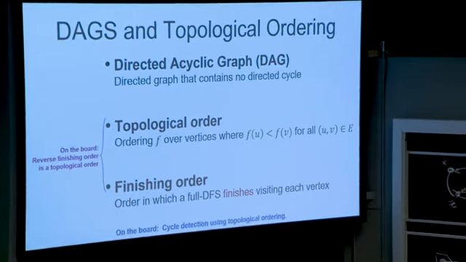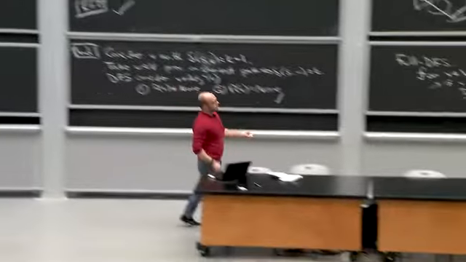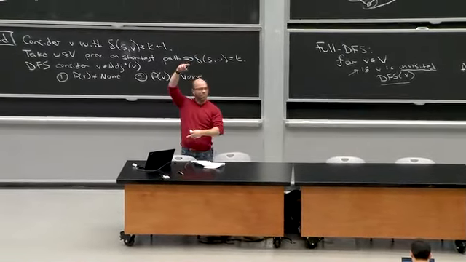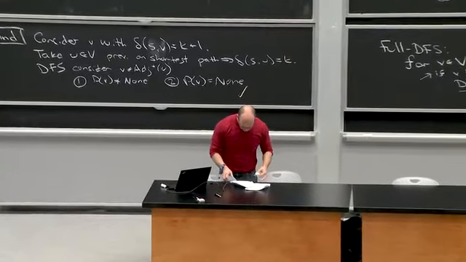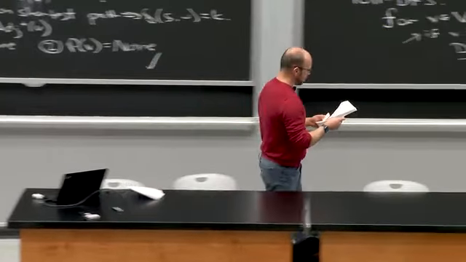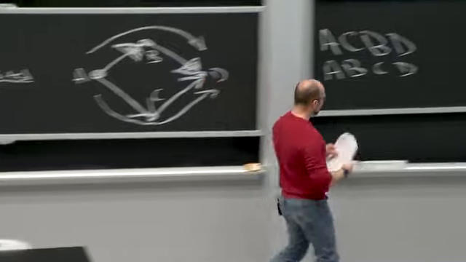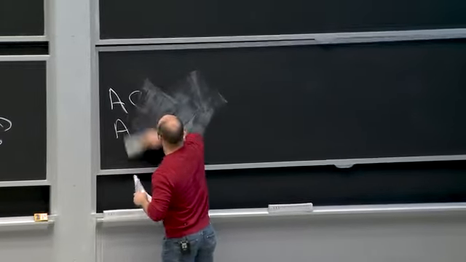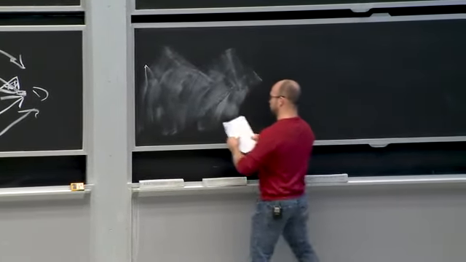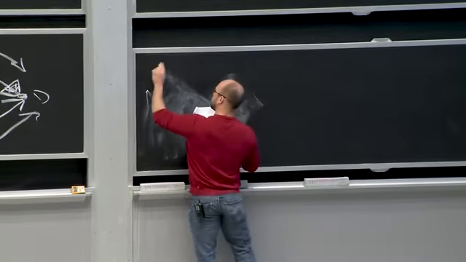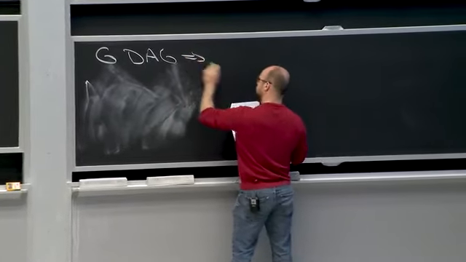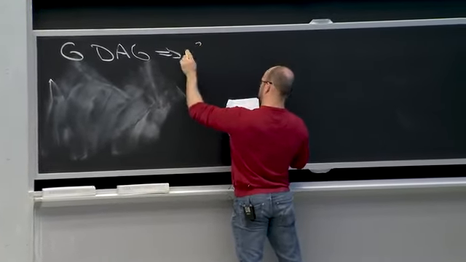Yeah? And now here's the claim: if we have a reverse finishing order, meaning that we take the finishing order and then flip it backward, that's exactly going to give us a topological ordering of the vertices in our graph. So let's do that really quickly. In other words, our claim here is that if I have a directed graph, so G is a DAG, then the reverse of the finishing order is a topological order.